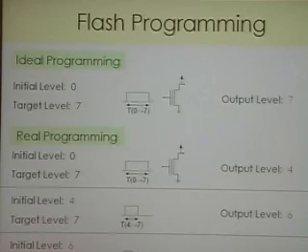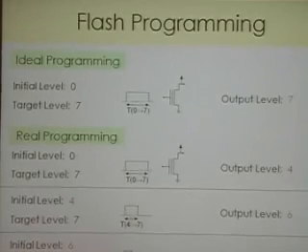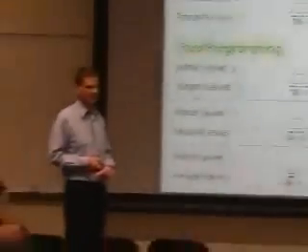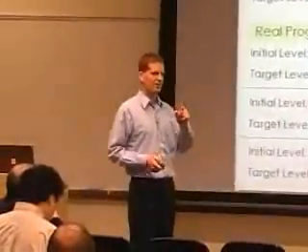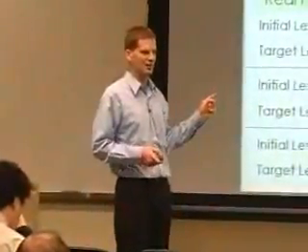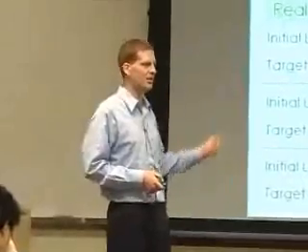So what if you overshoot, say you want to go to 5 and the pulse is too strong? Yeah, overshoot is a very important concept in Flash, and I will get to it in the next slide. Basically, you want to go to the right level quickly, but you really don't want to overshoot.